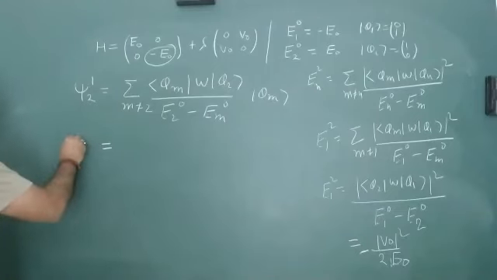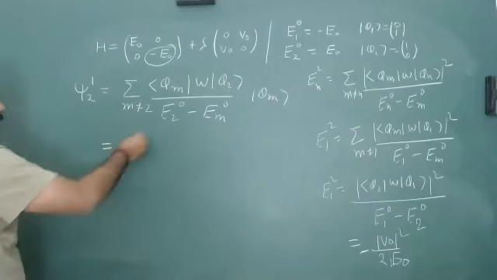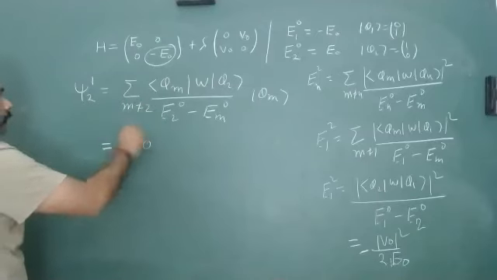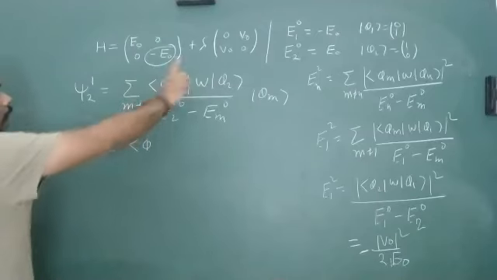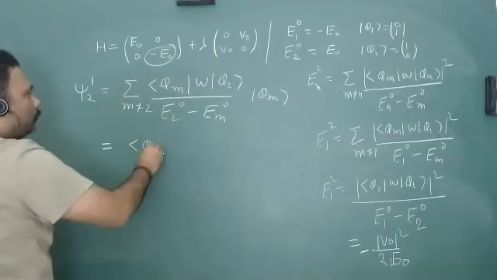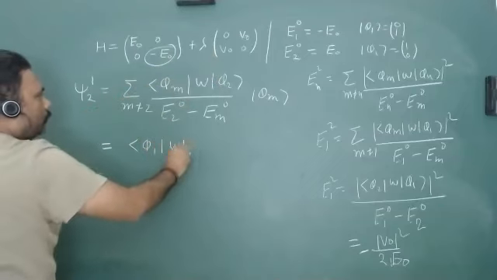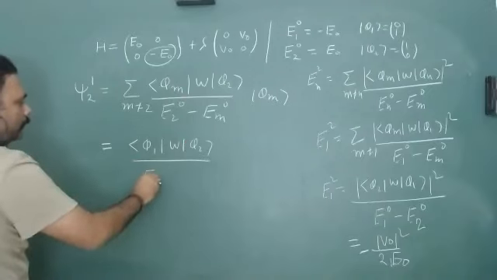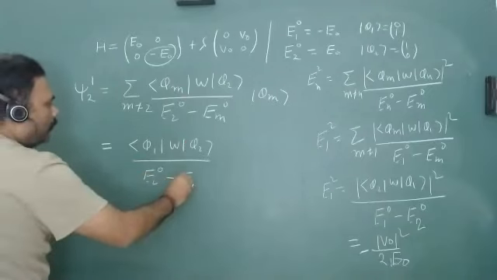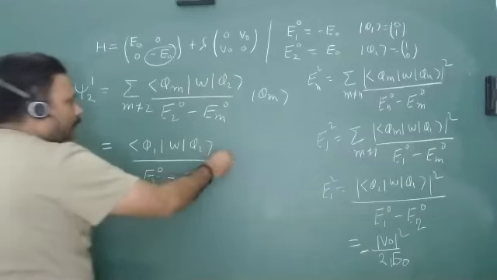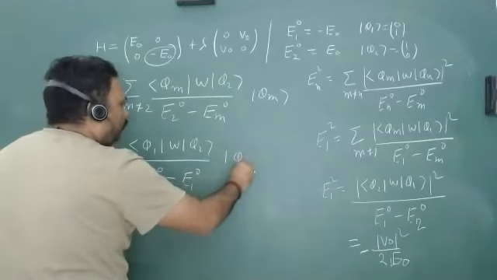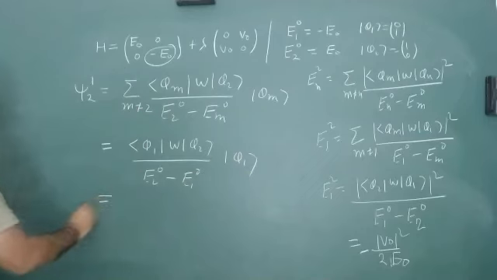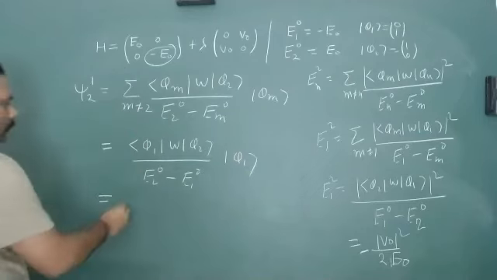So now, m is not equal to 2, so there is only one option, m is equal to 1. So phi 1 W phi 2, and here you can write E20 minus E10, and this term is equal to phi 1. Now put all these values.